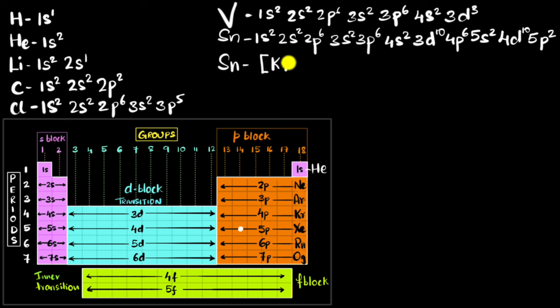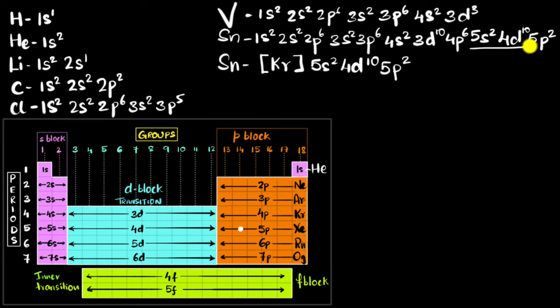So we write krypton in the bracket, which basically means everything that krypton has and then some more. And then you start from krypton and go here. So we say 5s2, 4d10, and 5p2.